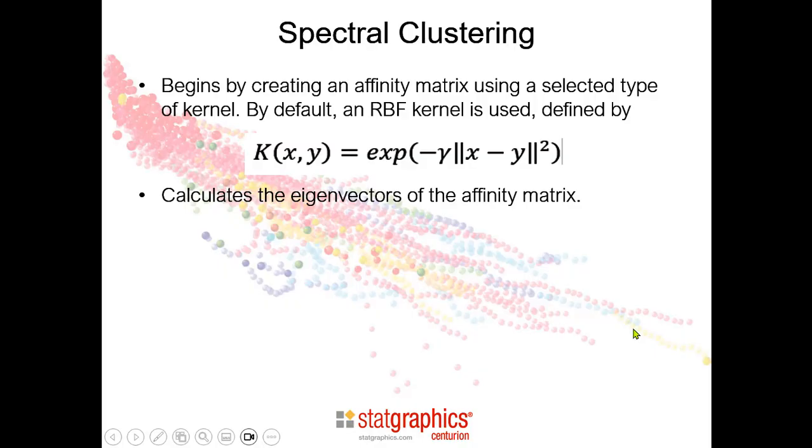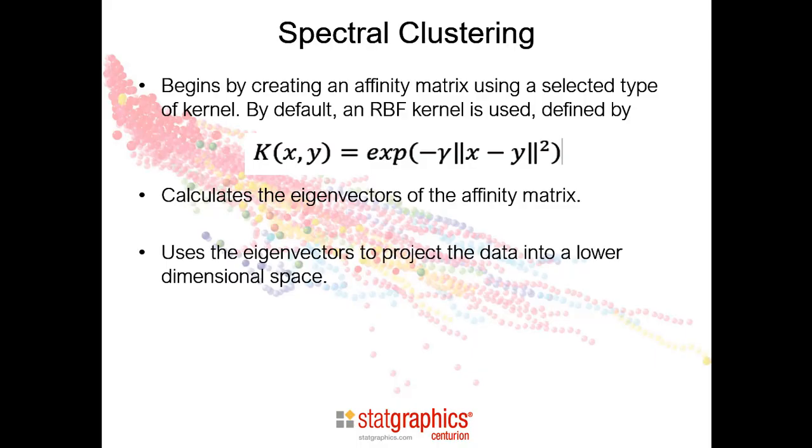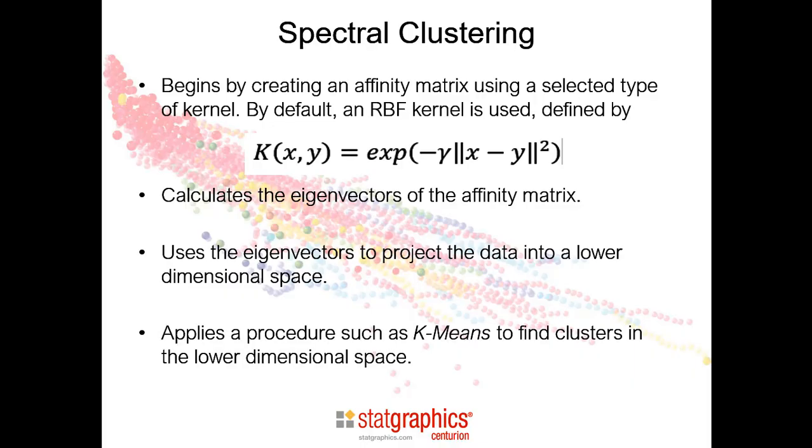The eigenvalues and eigenvectors of the affinity matrix are then calculated. The eigenvectors are used to project the data into a lower dimensional space. Then a procedure such as k-means is used to find clusters in that lower dimensional space. This methodology allows very complicated cluster shapes to be found.